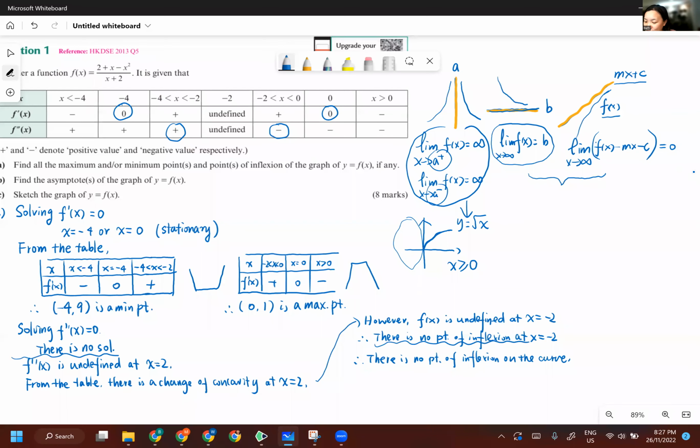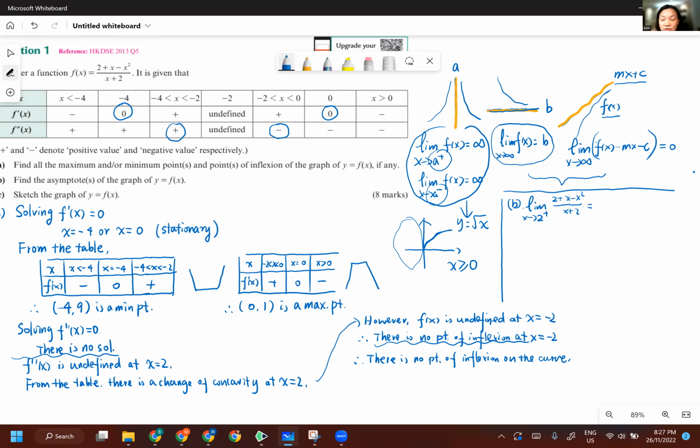For this one, let me write it here. Part B. Because limit x tends to -2 positive, of (2 plus x minus x squared) over (x plus 2) equals.